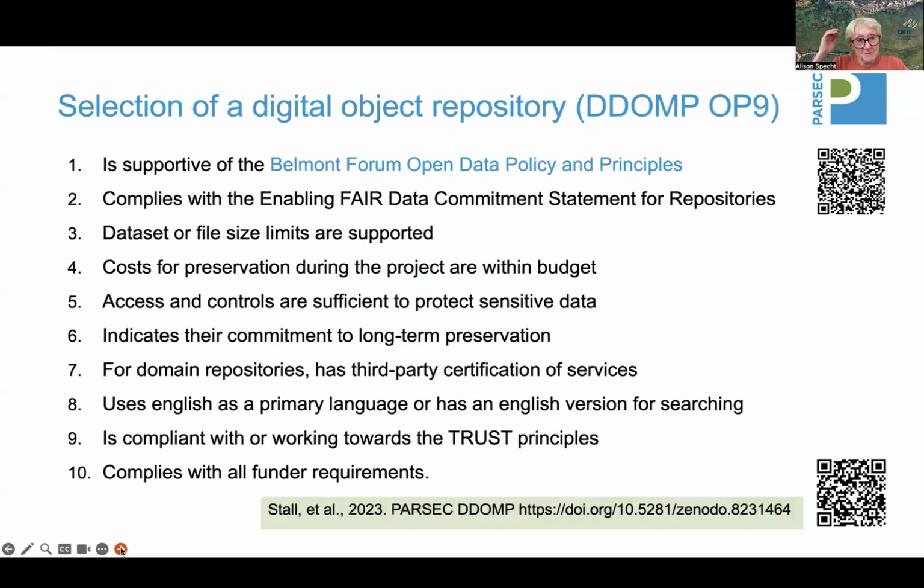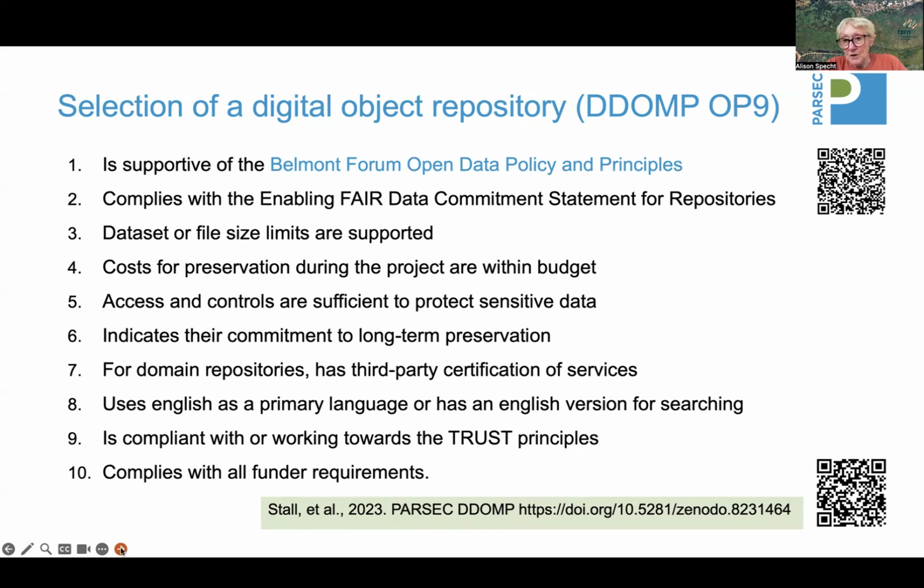So the first bit is committing to your repositories. Now, we've talked about Core Trust Seal, but these and the Lin paper earlier in this series, this is really the breakdown of what is involved with this, and it's in DDOMP 9, Operating Principle 9, and you've got the link at the bottom of the page.